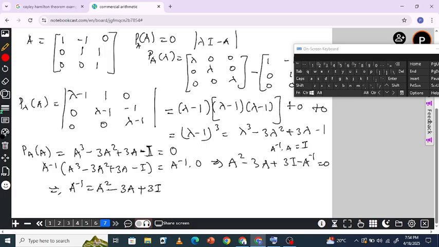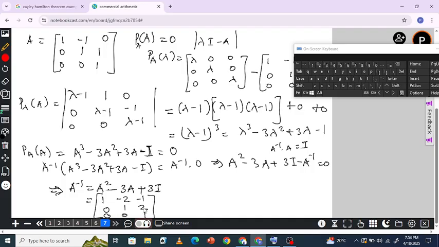And now to get A inverse, we substitute the matrix A. We will have not the inverse of A, but rather the square of A. If you take A squared, you will get 1, negative 2, negative 1, 0, 1, 2, 0, 0, 1.